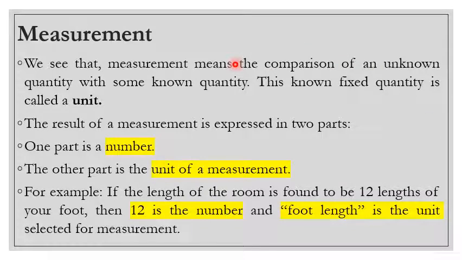Now, I'll explain what measurement actually is. Measurement means the comparison of an unknown quantity. This is very, very important. You see here, unknown quantity. Like before, I gave an example, right, about the desk of your classroom.